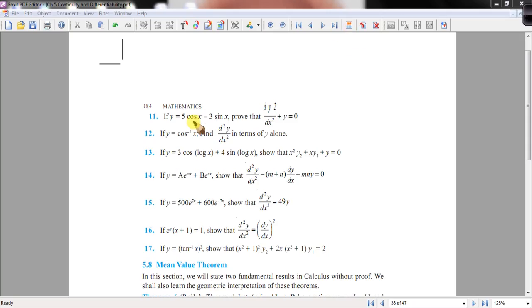The 11th question is, if y is equal to 5 cos x minus 3 sin x, then prove that d square y by dx square plus y is equal to 0.